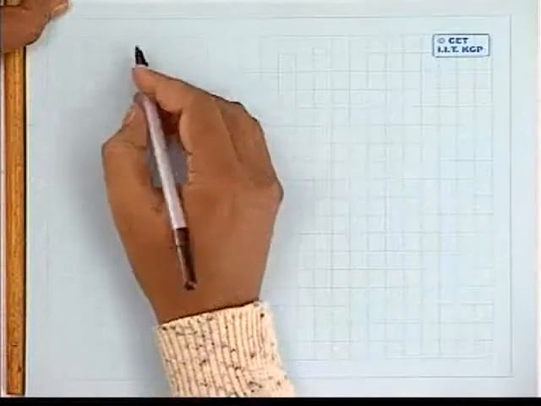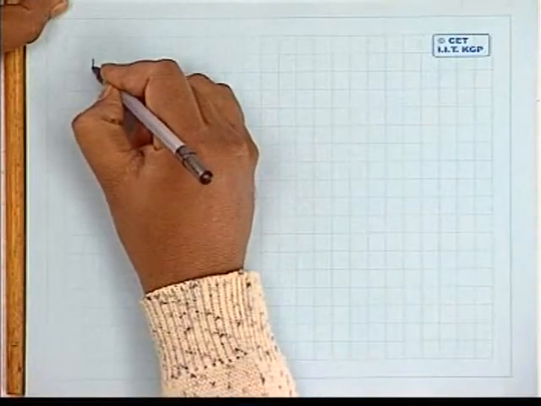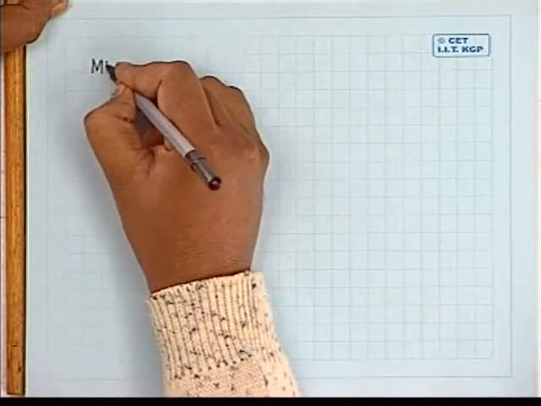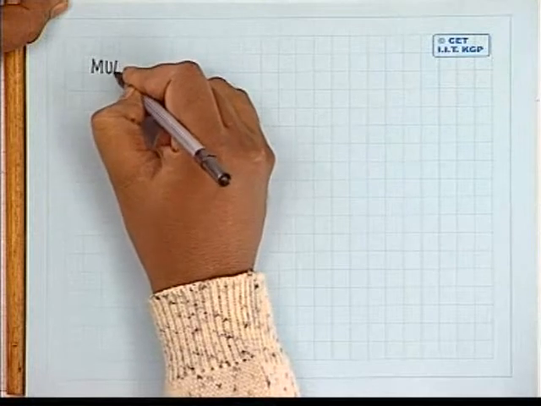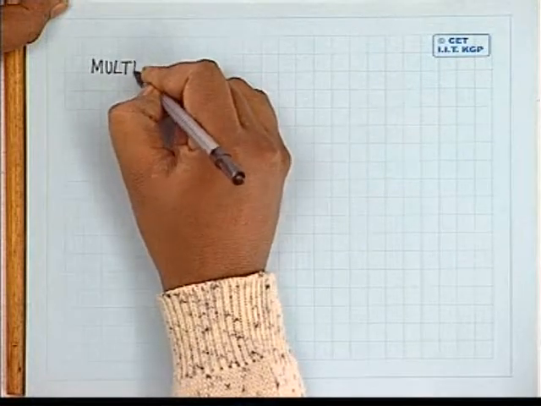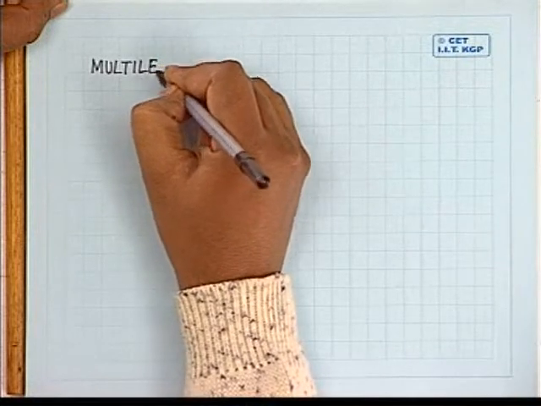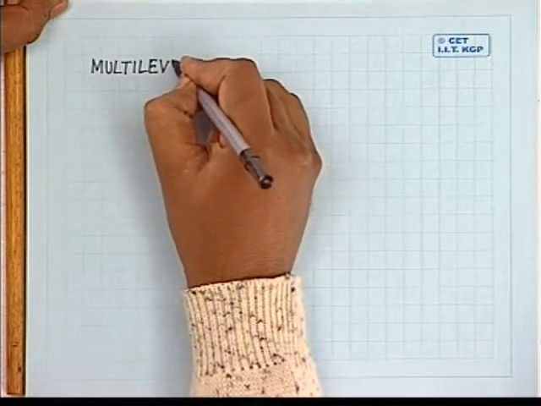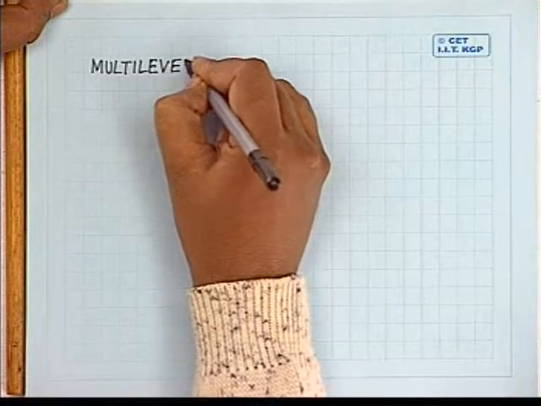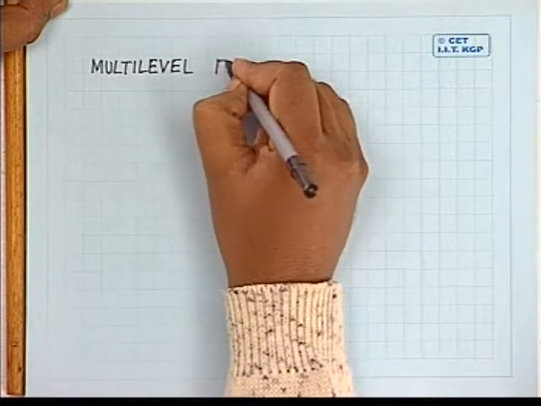So what we can have is a multi-level feedback queue.